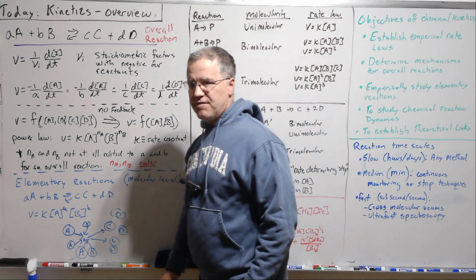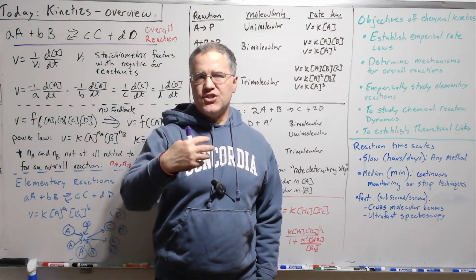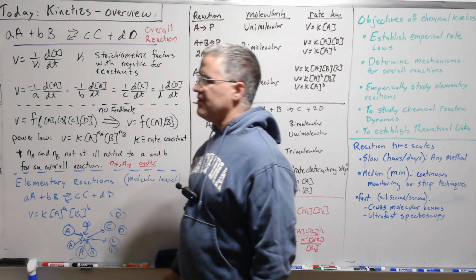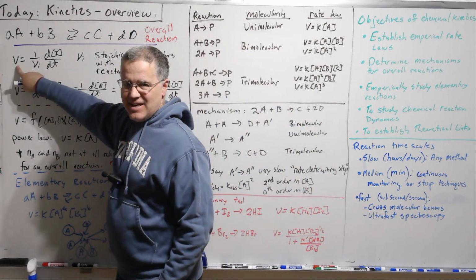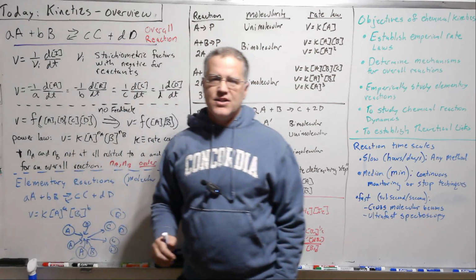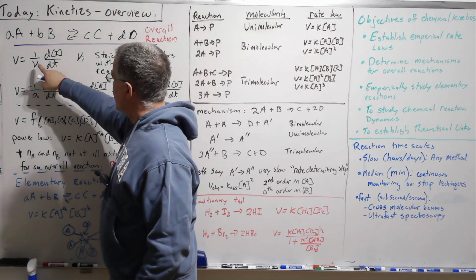We want to be able to define the rate of that reaction, or the reaction speed, sometimes called the reaction velocity. I've got a V here, and I've got a Greek letter nu here. It's very close. Try to keep those separate.